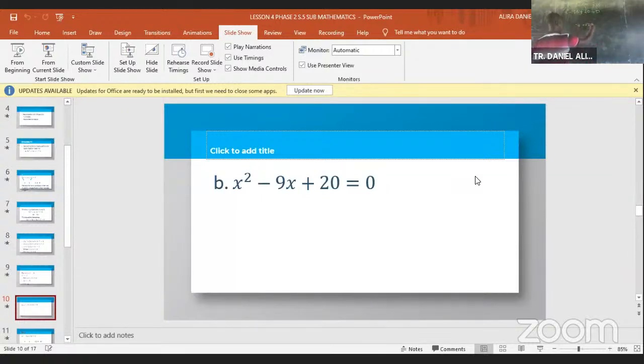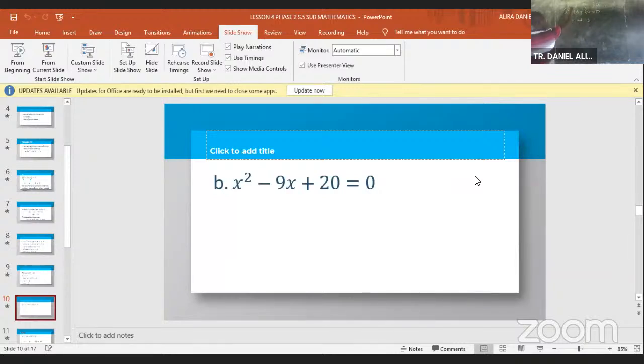Negative 4 times negative 5 is positive 20. Then negative 4 plus negative 5 is negative 9. That is correct. Good. So the two numbers are negative 4 and negative 5.